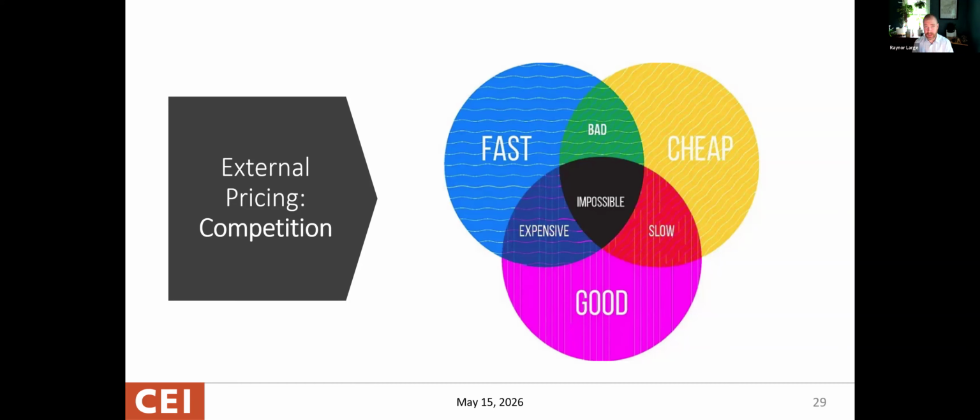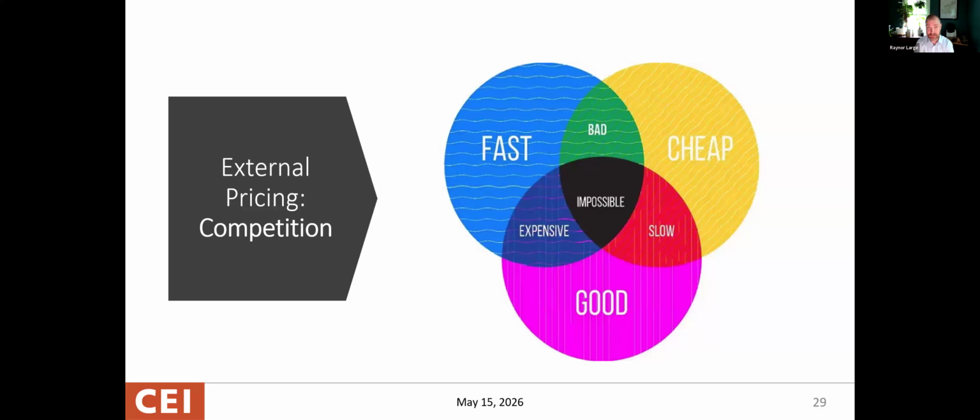The problem with that is that there is an implication with price. And so if you are fast and good and you position yourself cheaply, then the customer will view the quality as diminished. It's just part of capitalism, unfortunately.